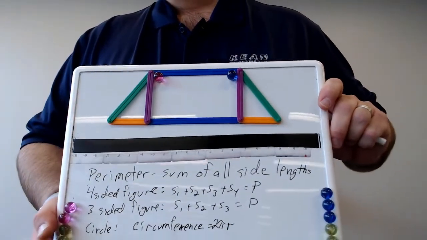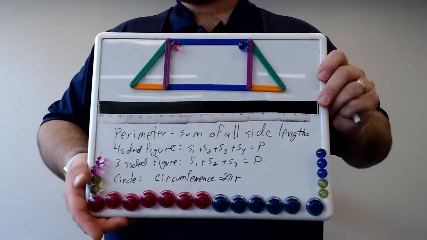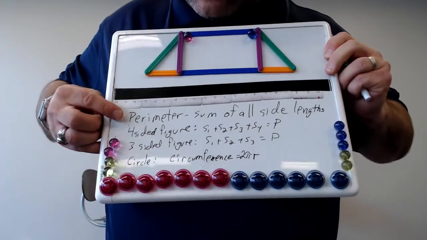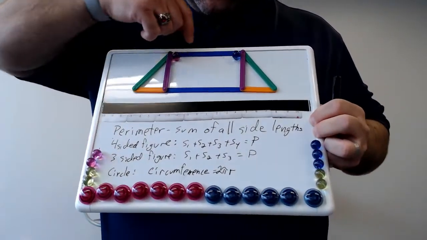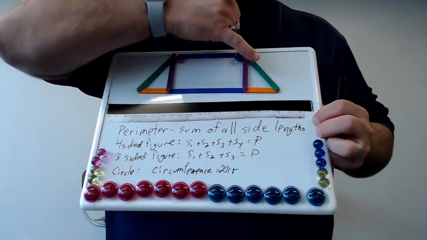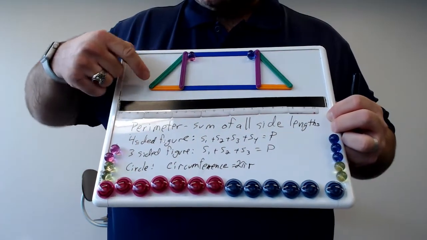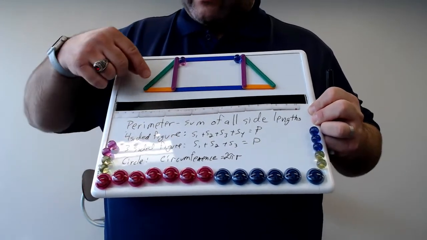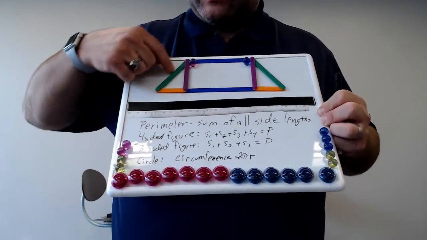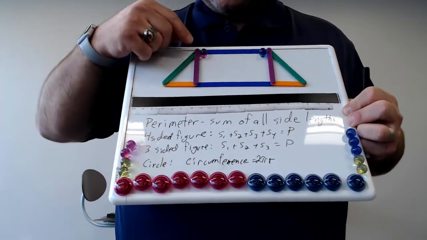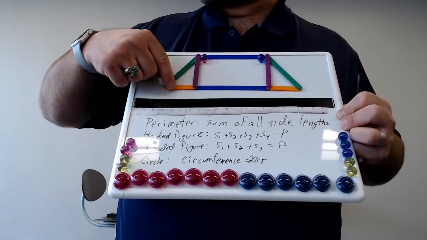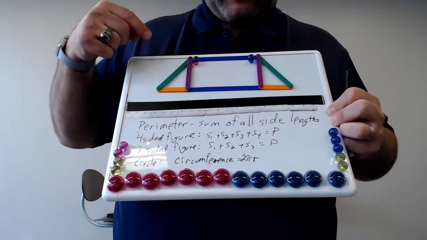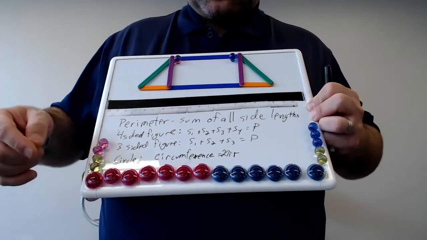So, to find the perimeter of a four-sided figure, we take side length 1 plus side length 2 plus side length 3 plus side length 4, and we have our perimeter. For a three-sided figure, like a triangle, we have side length 1 plus side length 2 plus side length 3 gives us a perimeter.